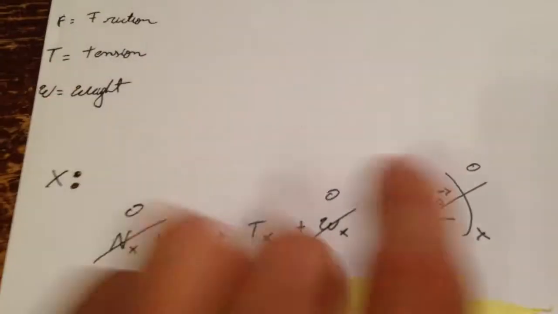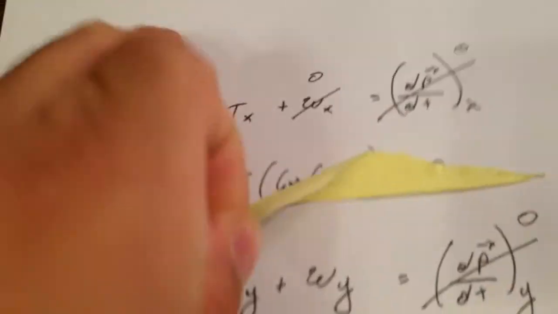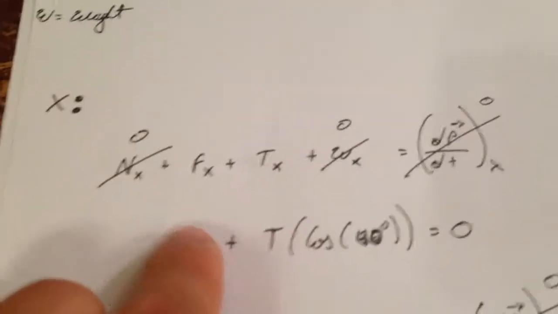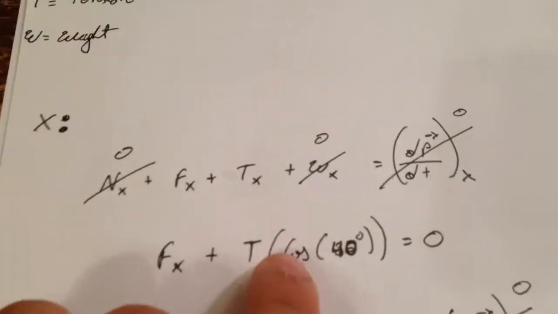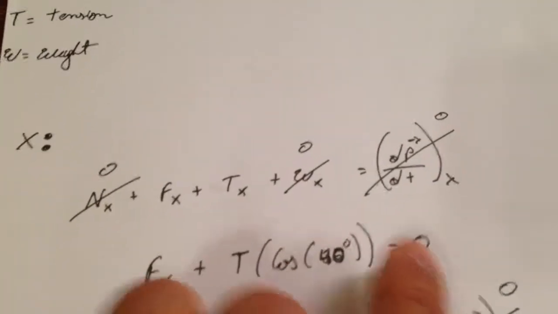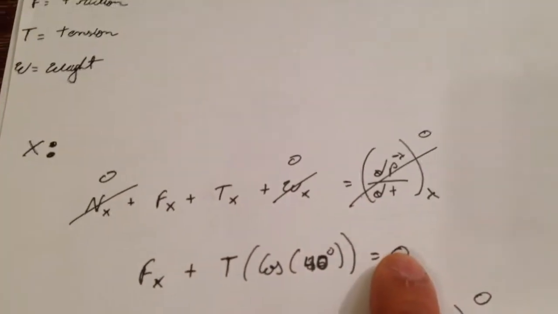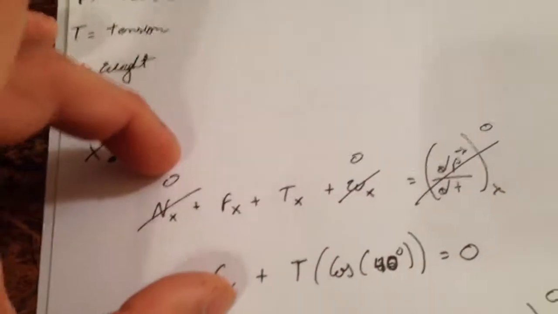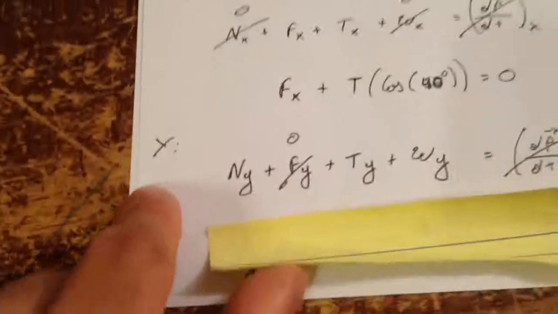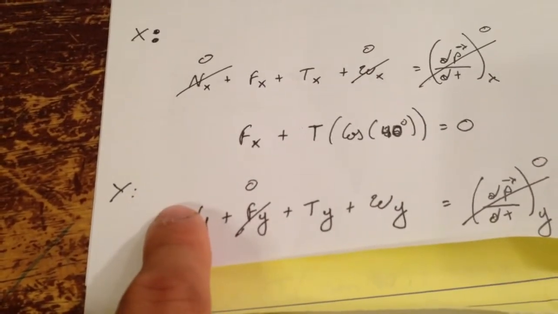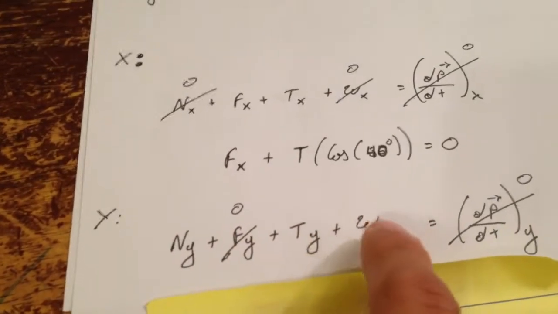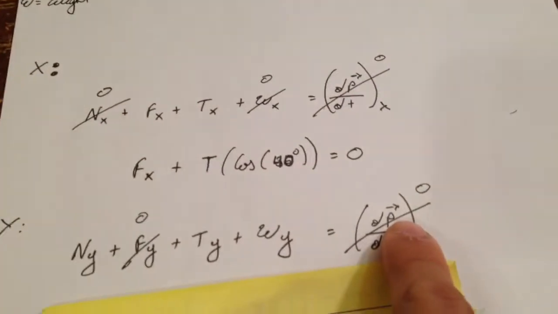So having that out, I know that the frictional force plus the tension force times cosine of 40 degrees equals 0. All this equation has to equal 0. Now let's do the same thing for the y coordinate. The y coordinate is the ball versus earth, the friction, the tension, the weight, and the rate of change of momentum.